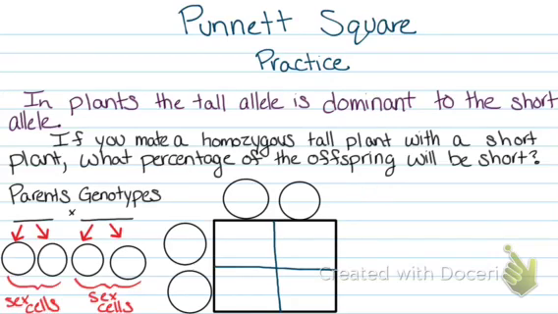The boxes in the punnett square each represent an offspring. So you're going to figure out, if you combine one sex cell with the other sex cell, what do the offspring look like? And you're going to create the phenotype percentages.